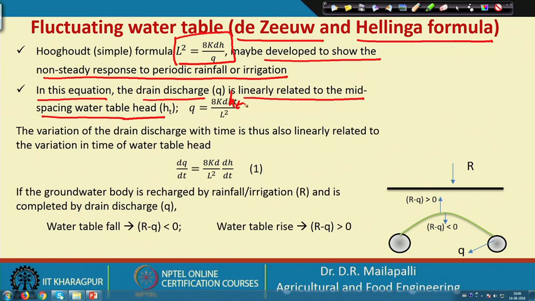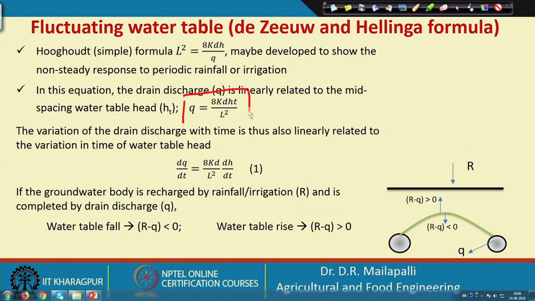So, Q and h t are proportionally, linearly related. Okay. So, from this simple Hooghoudt equation, you just rearrange the terms here and Q is equal to 8 k d h t by L square.